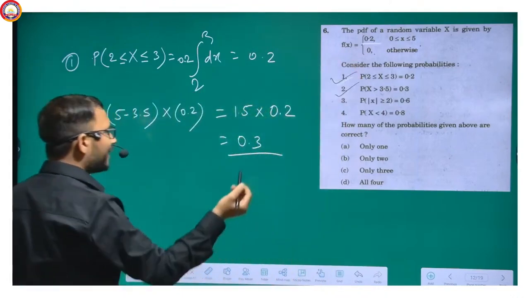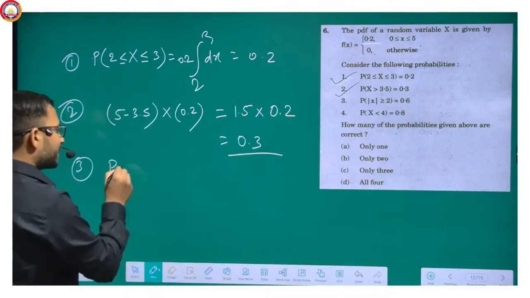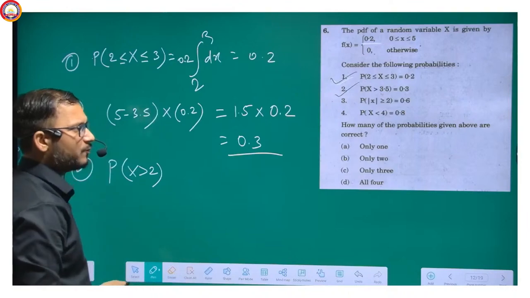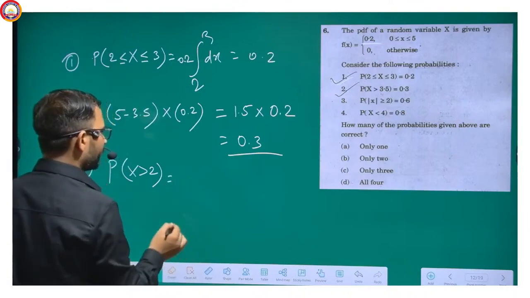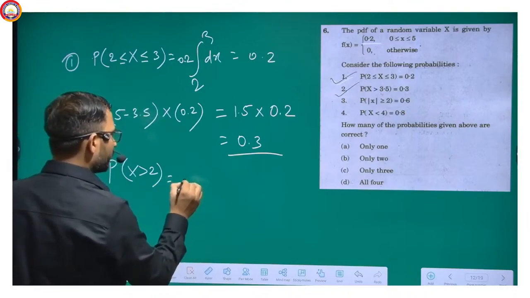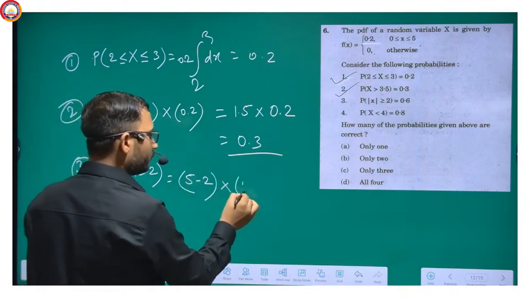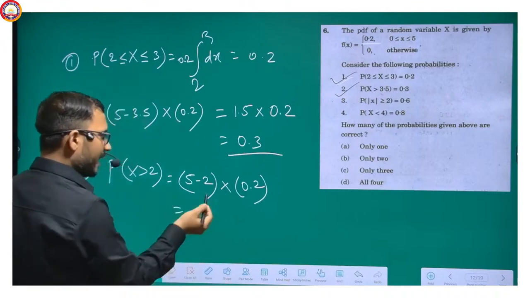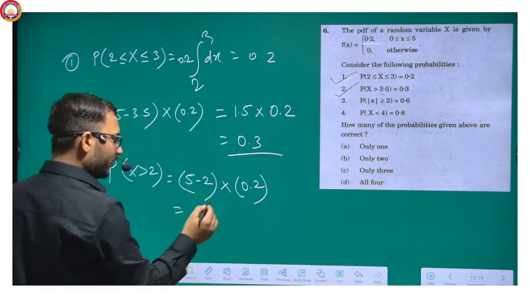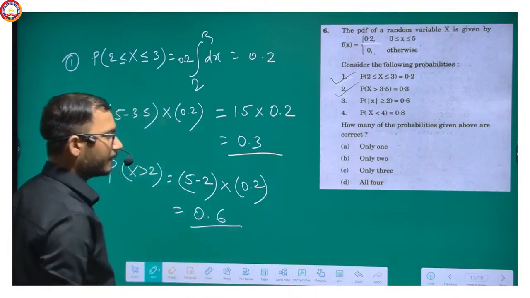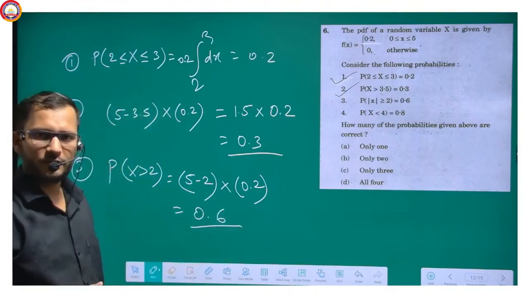So obviously we can write it as probability x greater than 2, and as we have done in probability x greater than 3.5, it will be 5 minus 2 into 0.2, which is 3 into 0.2, so this will be 0.6.